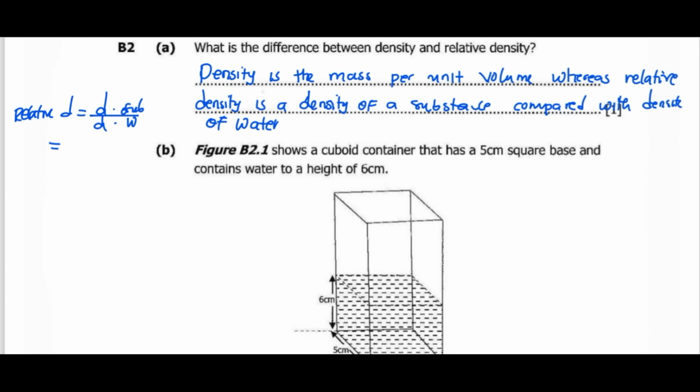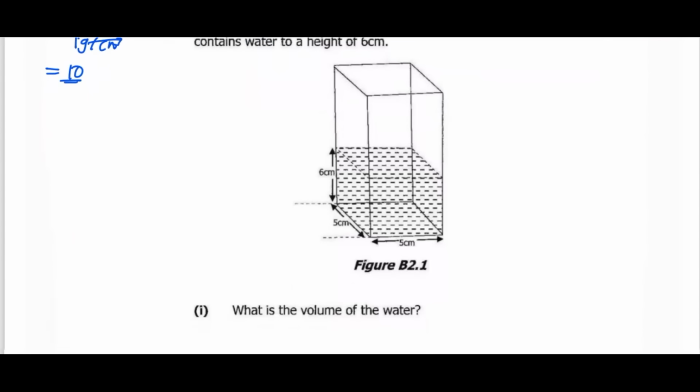Let's say we have 10 grams per cubic centimeter as the density of a given substance, then our relative density will be 10 grams per cubic centimeter over the density of water, which is 1 gram per cubic centimeter. We can see that the units will cancel. So our answer is just 10. So relative density is simply a ratio.